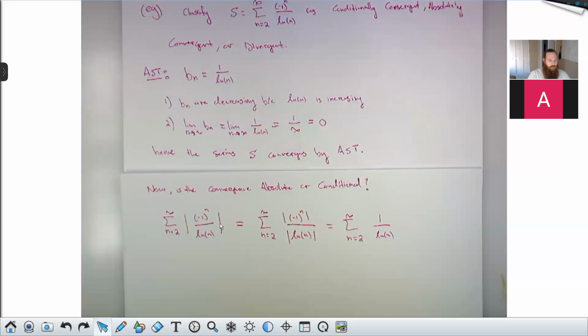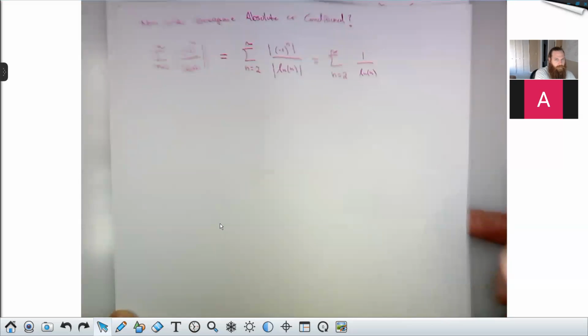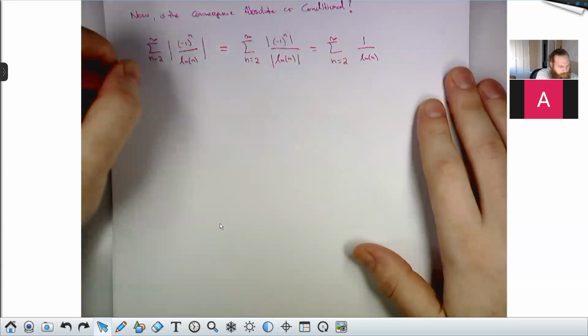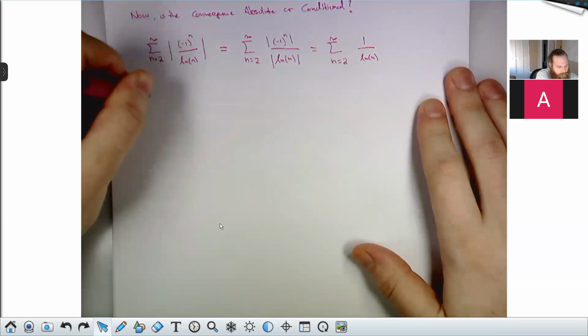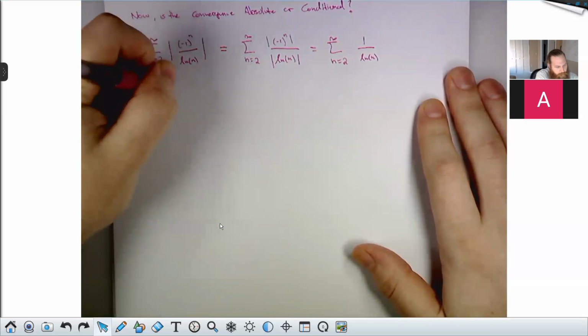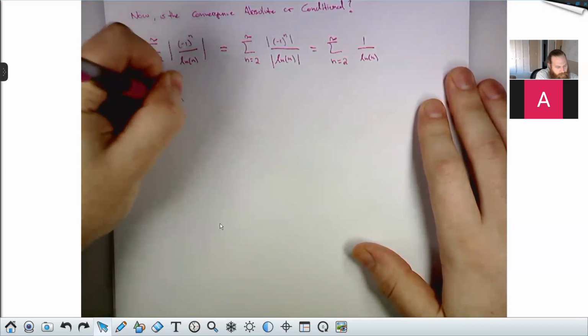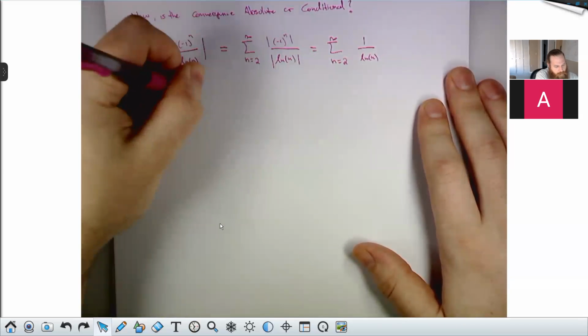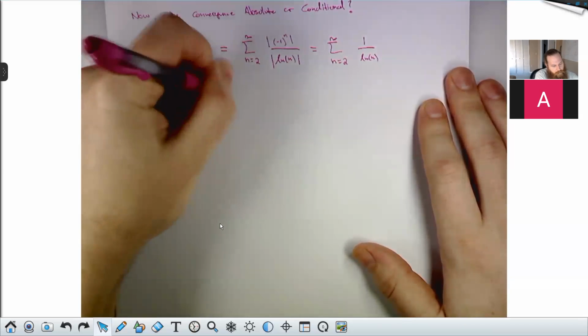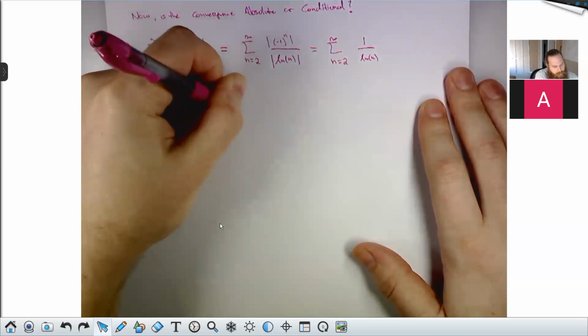Now the suggestion here is to try TFD on this series. We can do that. TFD says, if the limit of the a_n's is not 0, then the series diverges.